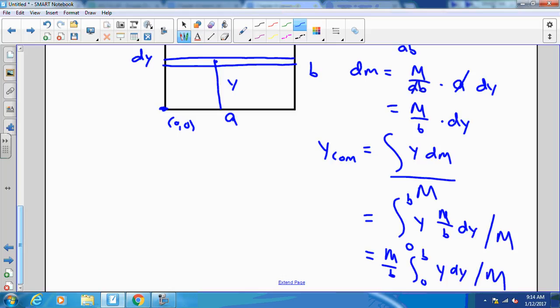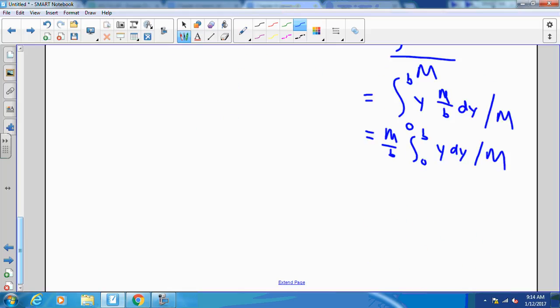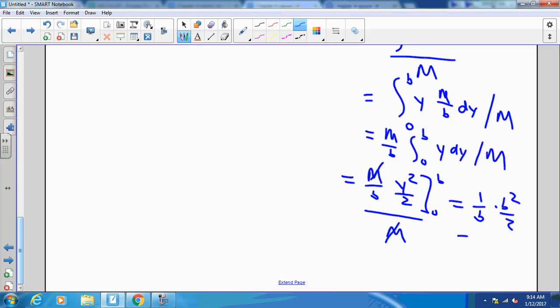Out comes the constant m over b, and I drop my 1 over m in, so that I get y squared over 2 from 0 to b. Masses cancel. And unsurprisingly, I find that the center of mass in the y direction is also in the center of the rectangle.